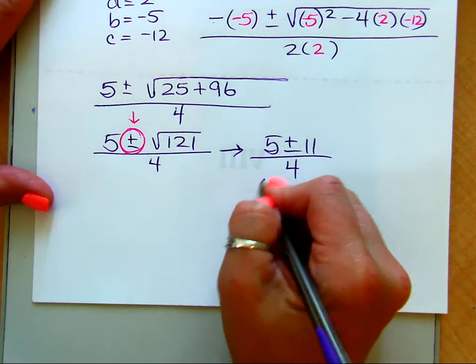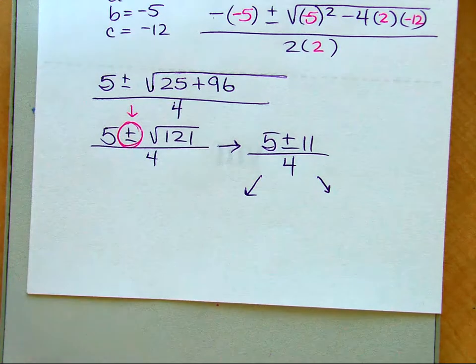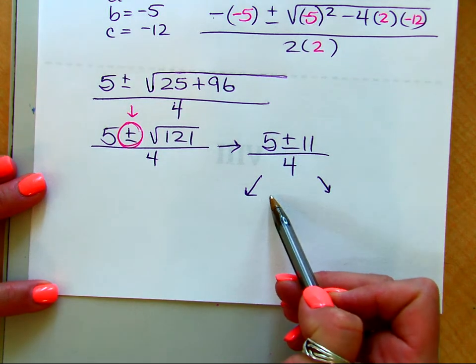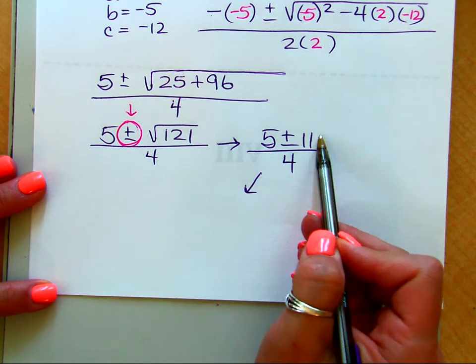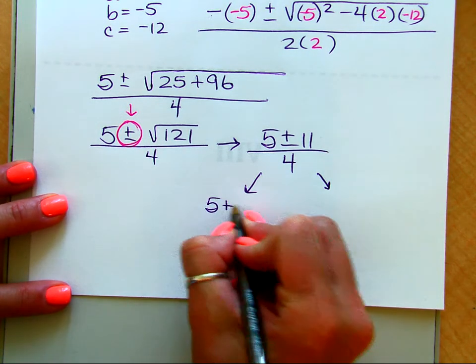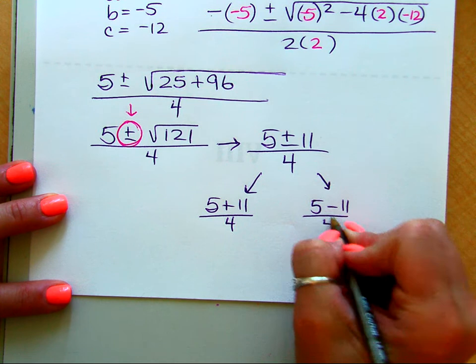Here, you separate it. You know you have 2 solutions, so set up 2 equations to find those 2 solutions. One doing 5 plus 11 divided by 4. The other doing 5 minus 11 divided by 4. Got it? So I'm actually going to write that. 5 plus 11 divided by 4. 5 minus 11 divided by 4.